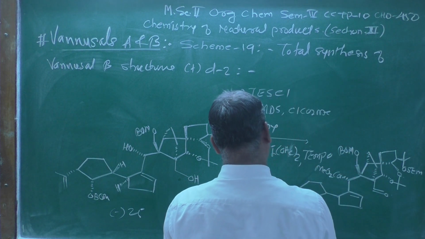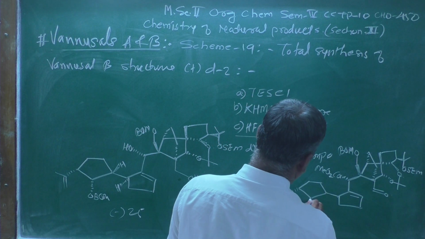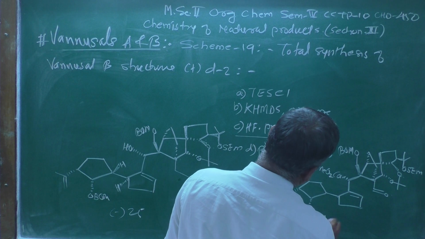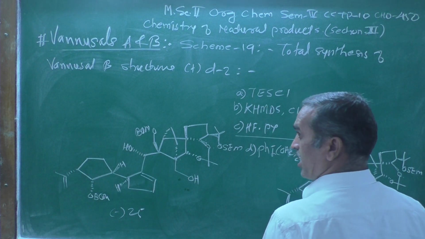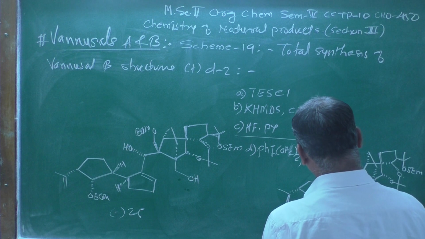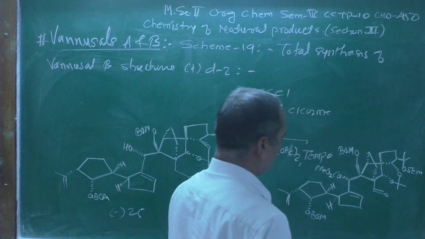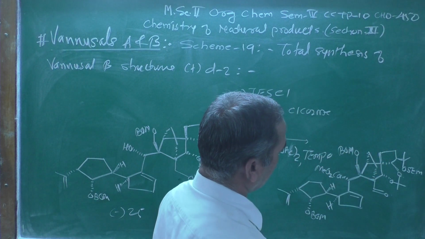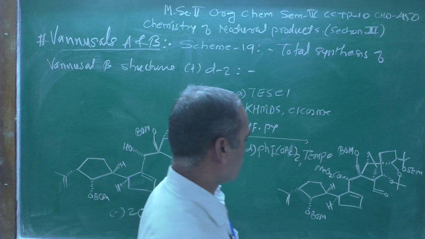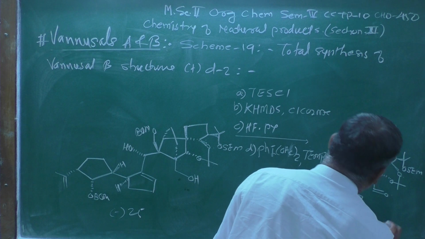Now this A ring contains an isopropenyl group as well as a secondary alcohol protected with BOM, and the hydrogen atoms at these corner points remain as they are, and this is the structure we got over here. This is nothing but structure number minus 97.